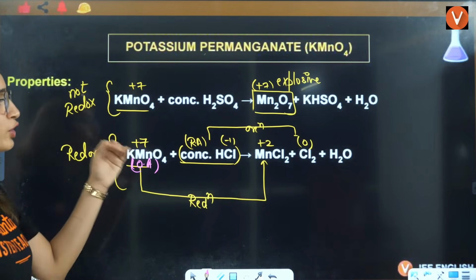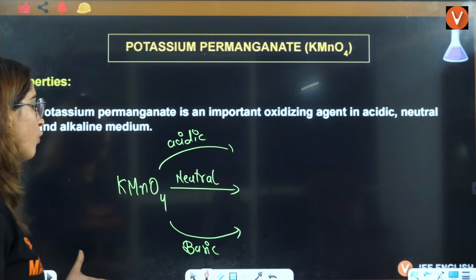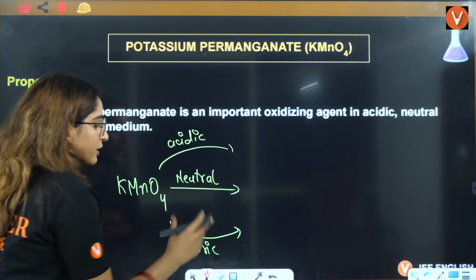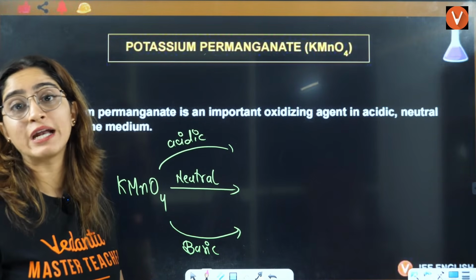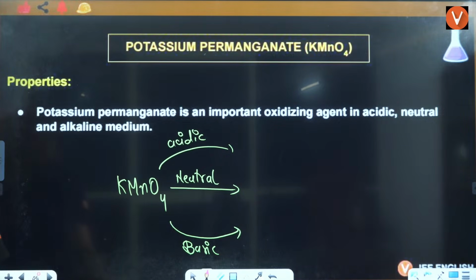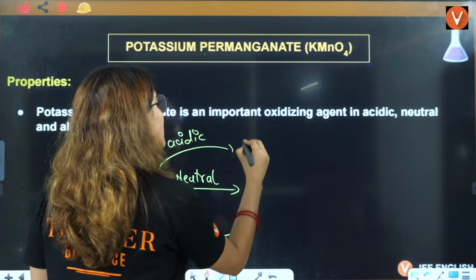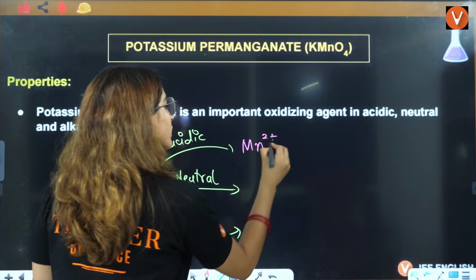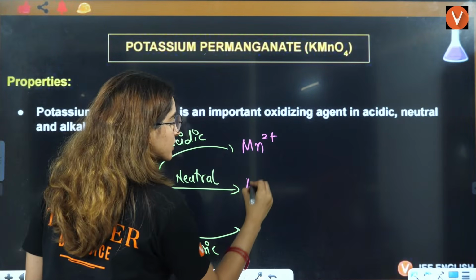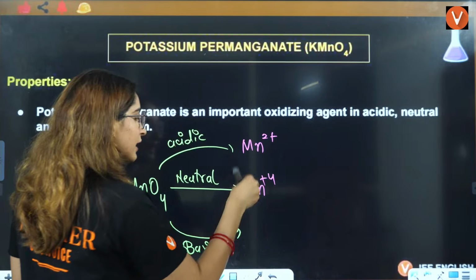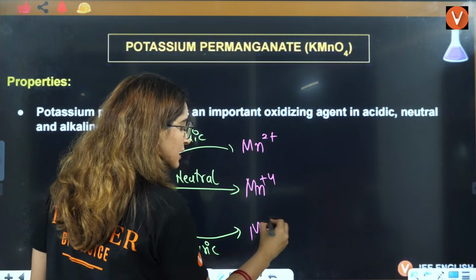So what you need to understand is that KMnO₄ in acidic, neutral and basic medium is converted to different oxidation states. If you see, in acidic medium it is converted to +2, then add 2 here, it is converted to +4, then add 2 here, it is converted to +6.